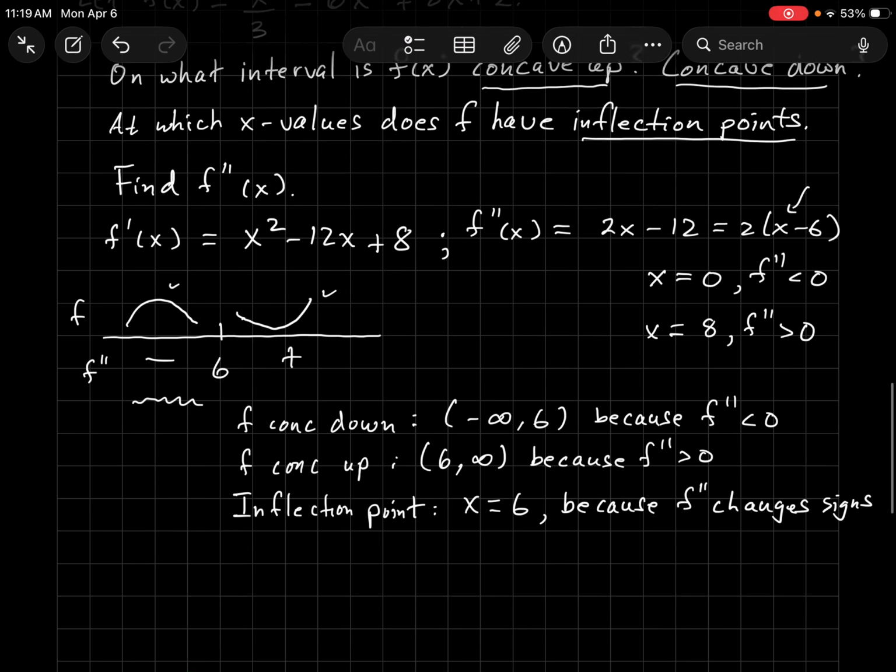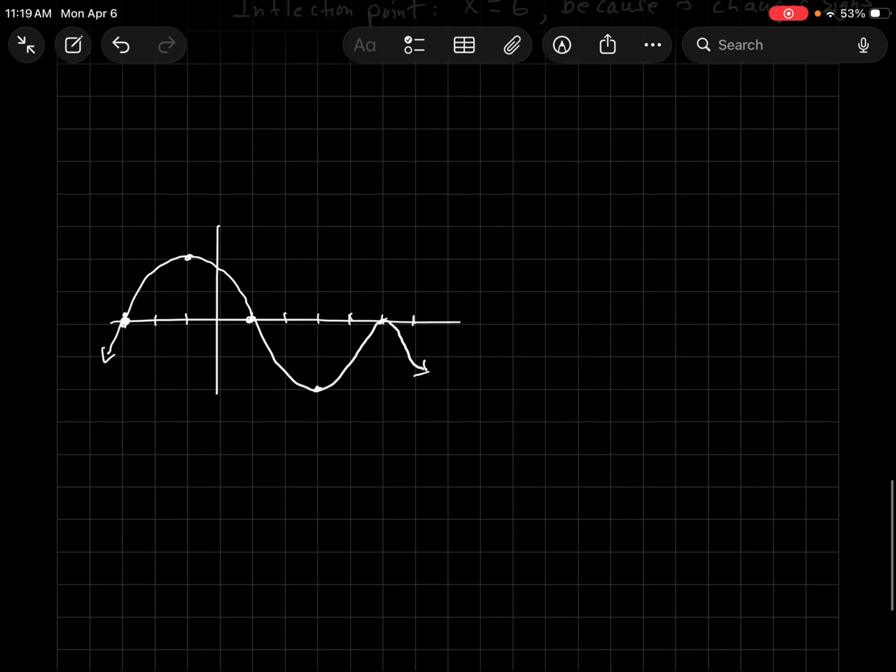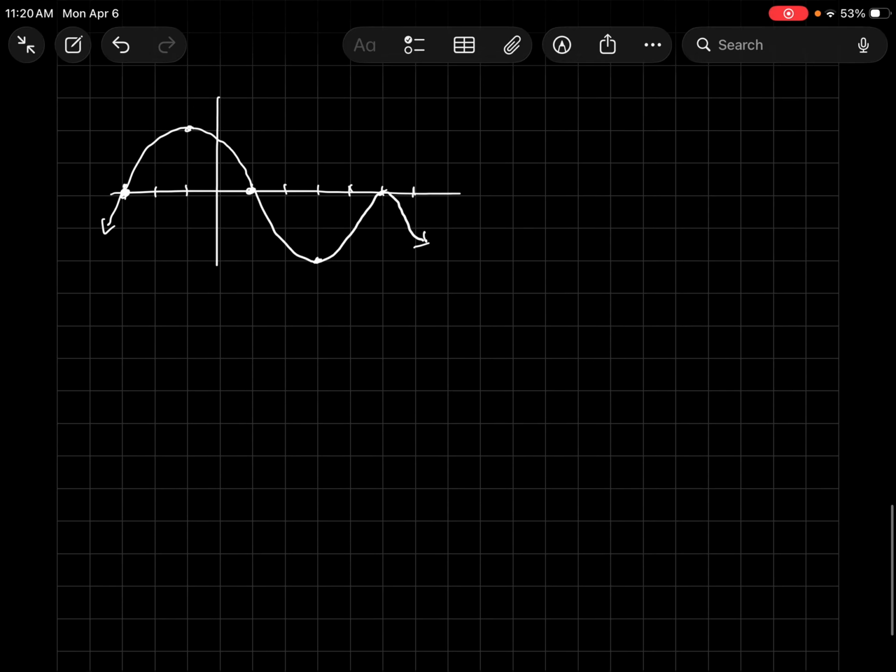One more example. In this case, we're going to do a graphical example, but I'm going to do it in a couple stages. Let's pretend that this is a graph of g prime, not g. And I want to find the following information. Where is g concave up?